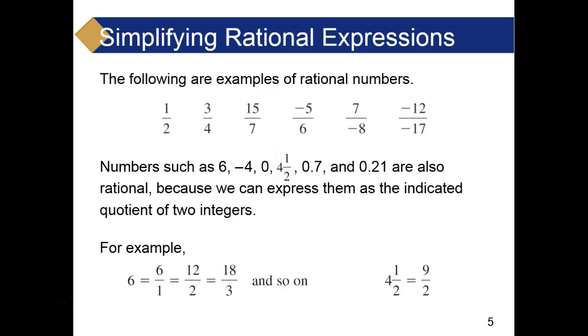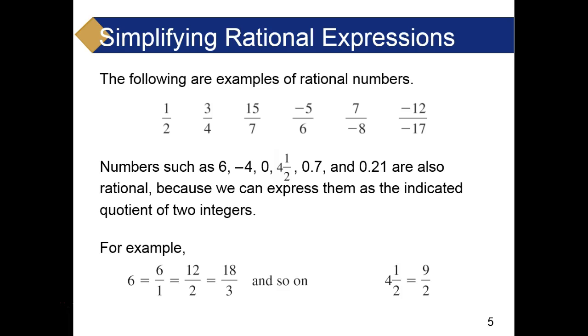Now, would you say 6 is a rational number? Yes, it is, because you could write it as 6 over 1. That's a ratio of integers. -4, yeah, -4 over 1. How about 0? You could write that as 0 over 17, 0 over -4, 0 over anything.